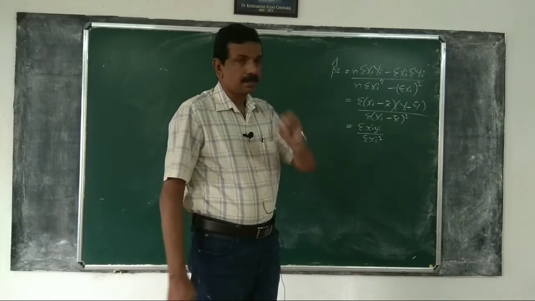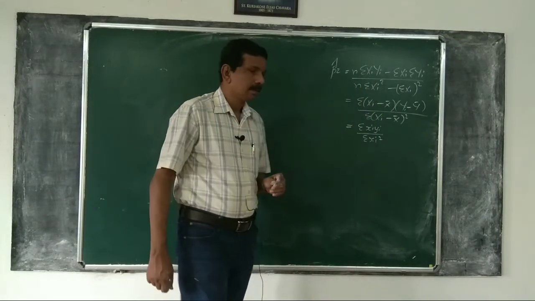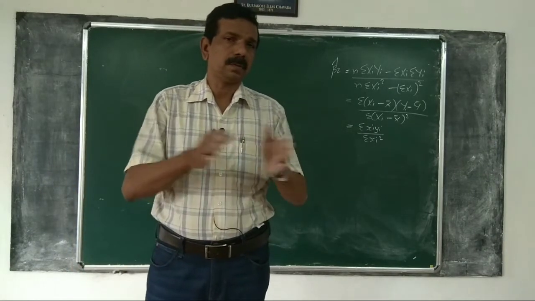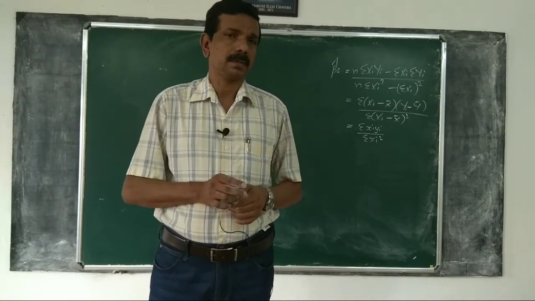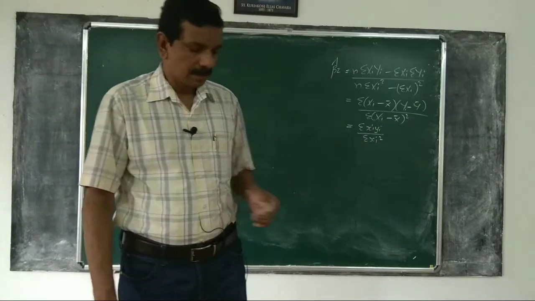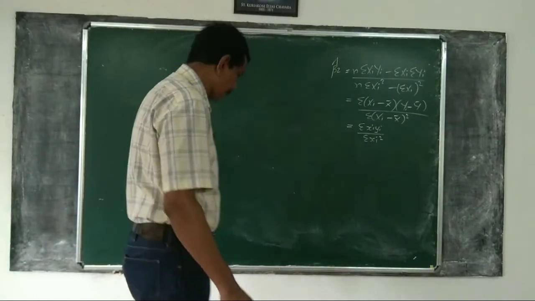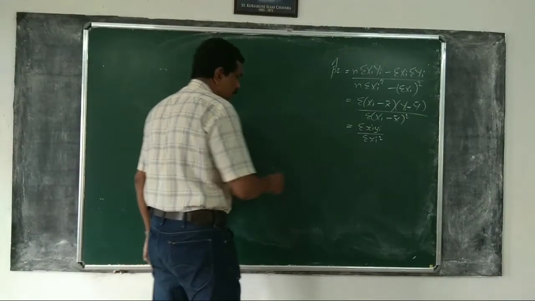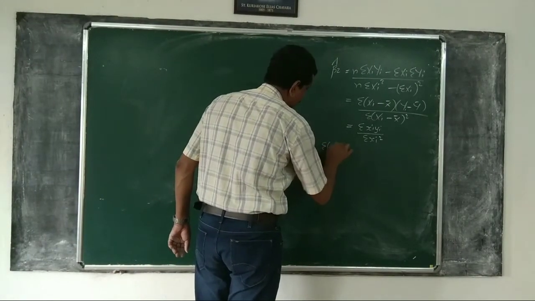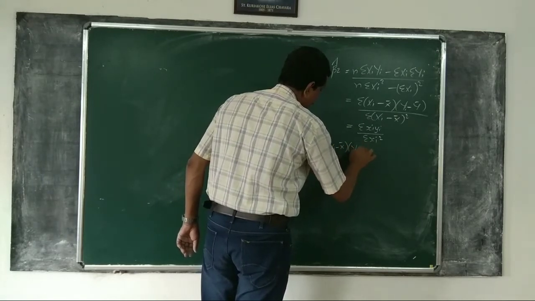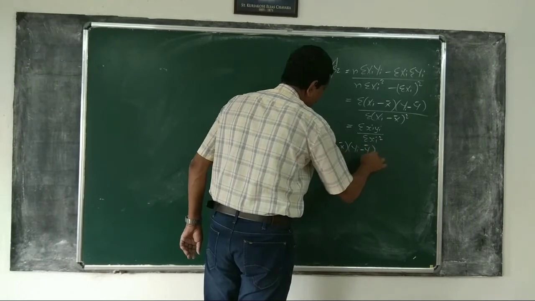We consider two expansions, and these two expansions will be extensively used throughout our econometric course. The first expansion that we consider is the expansion of sigma xi minus x bar into yi minus y bar.